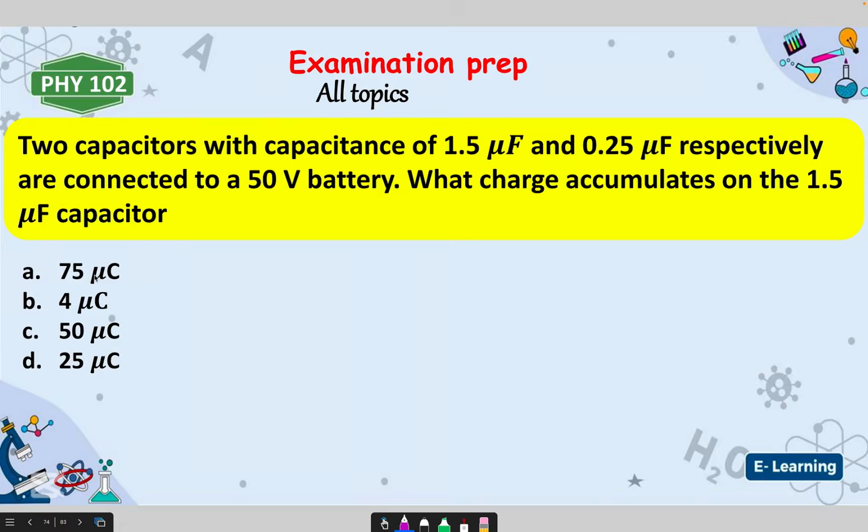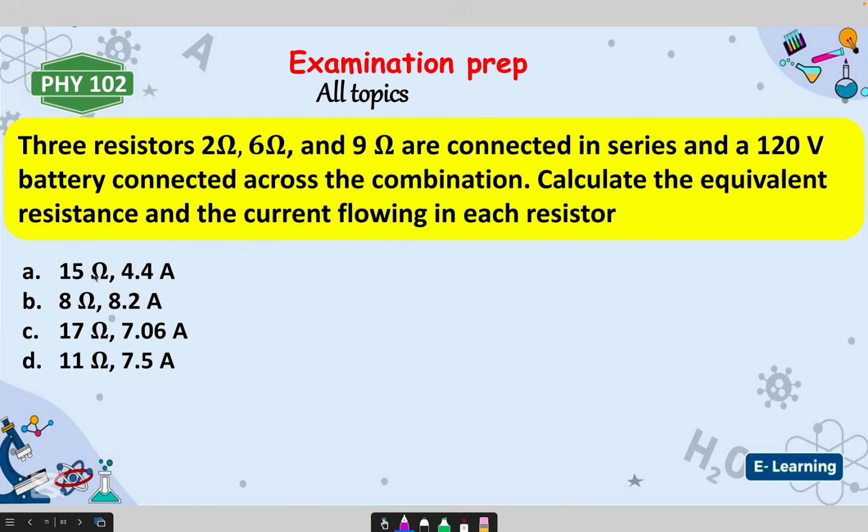There are still a lot of questions here. I've actually solved all these questions in your notes. Three resistors, 2 ohm, 6 ohm and 9 ohm, are connected in series, and a 120 volt battery is connected across the combination. Calculate the equivalent resistance. My dear student, the equivalent resistance is the addition of everything here, which is 2 plus 6 plus 9. 2 plus 6 is 8, plus 9 is 17 ohm.